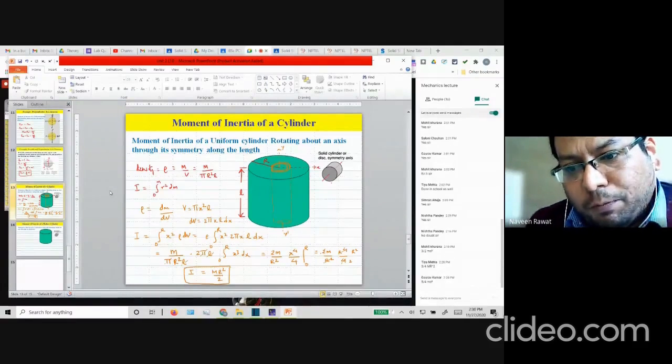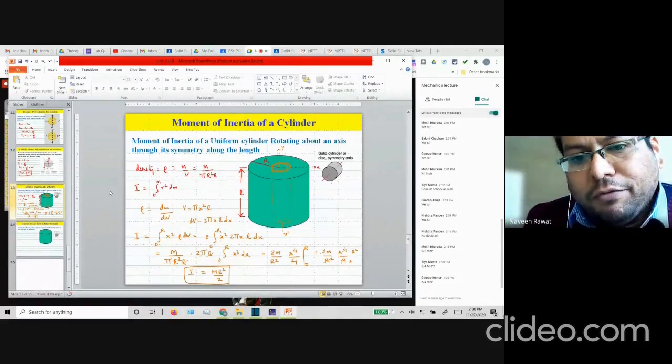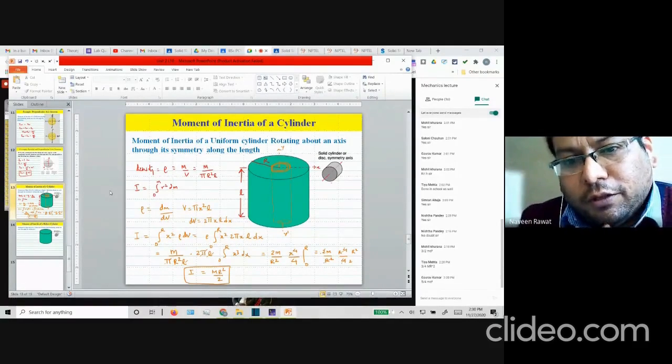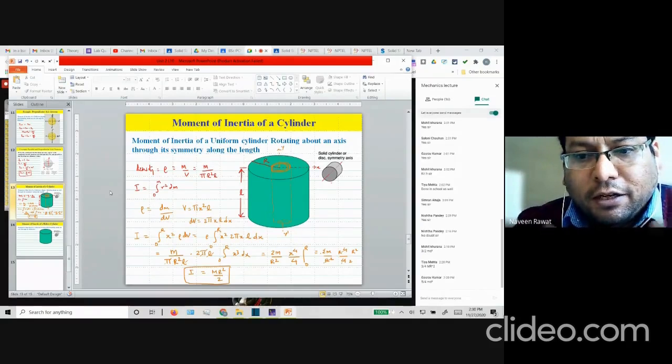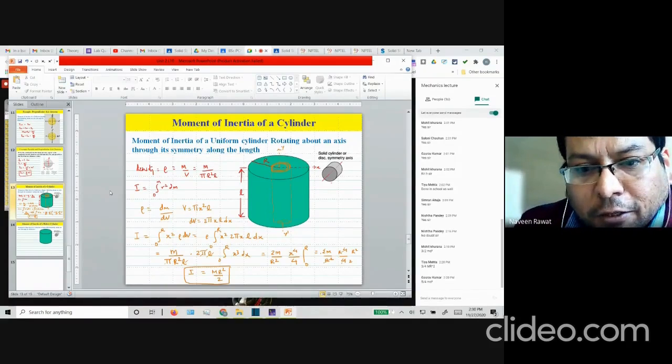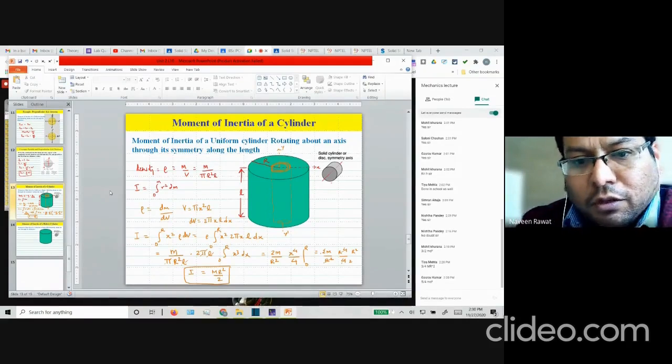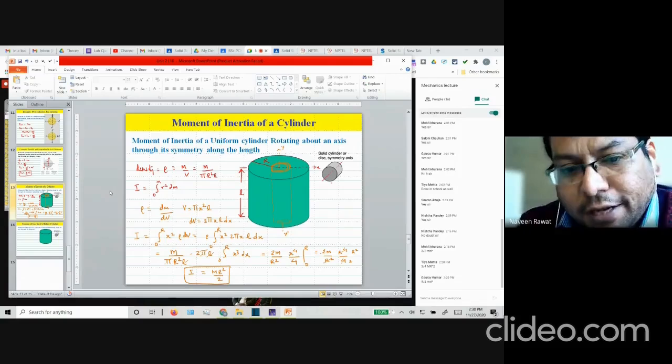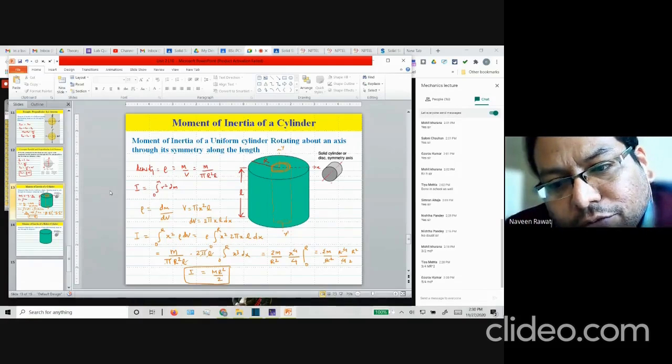That is our whole purpose. We move along the axis, creating the entire mass of the material by integrating along some axis. Once you do that, you create the entire three-dimensional cylinder, and from there you get the value of your moment of inertia.